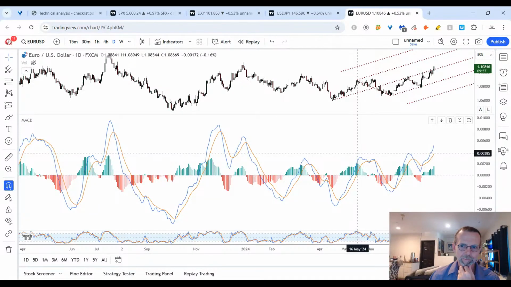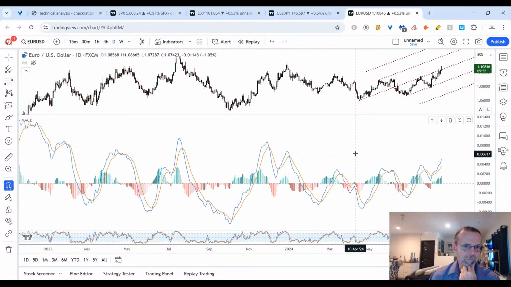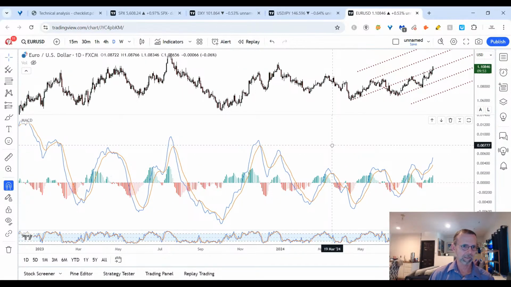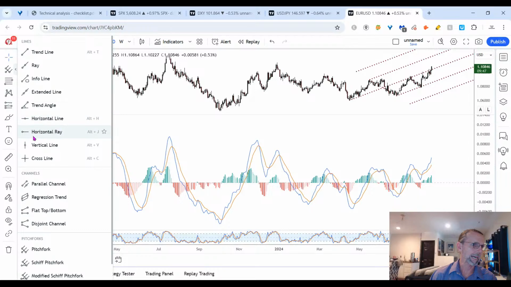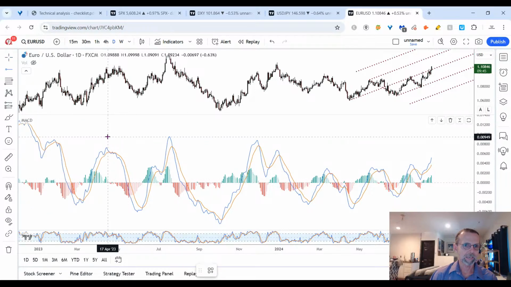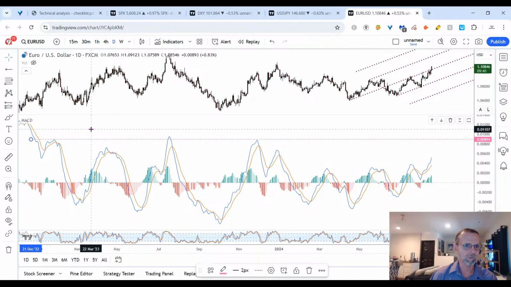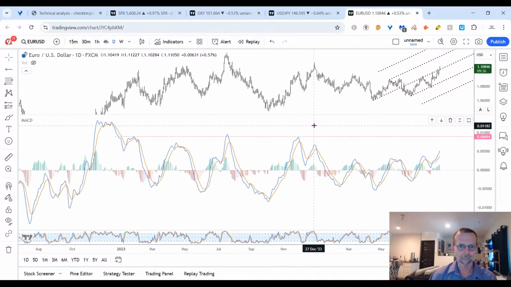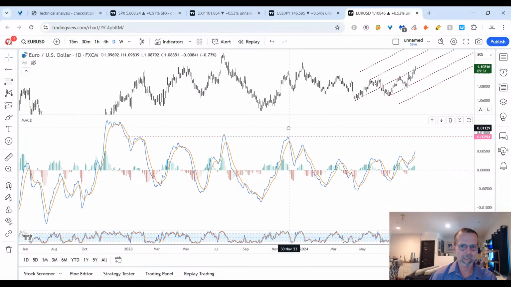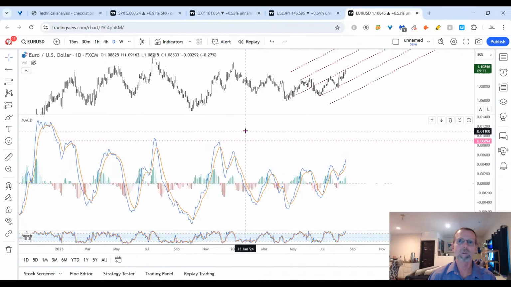If we revisit the conversation that we had last week about prior highs in MACD serving as levels of overbought and oversold. And so we can draw that line in as a potential level where MACD becomes overbought.